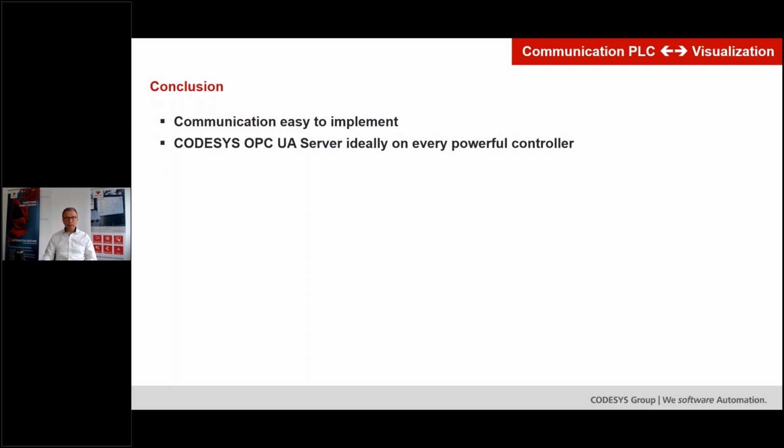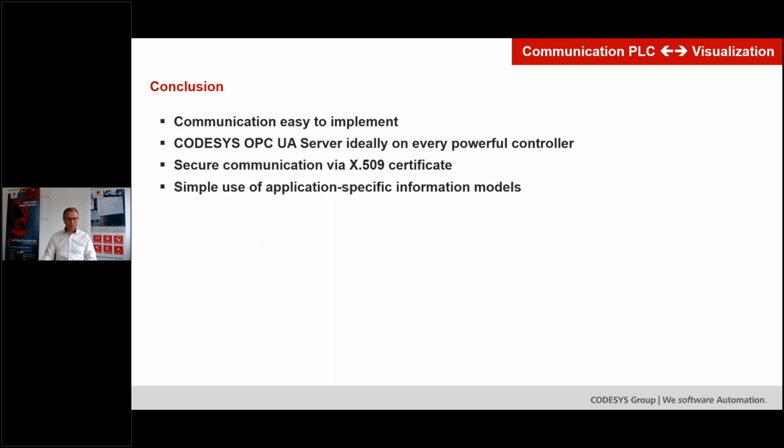The only thing you need is an OPC UA server on a powerful controller, and ideally spoken, it's running on every powerful PLC. We can secure the communication via X.509 certificate. By the way, not yet for the CODESYS HMI SL, therefore I've used another PC for the communication, so this was the little hit here in the webinar.